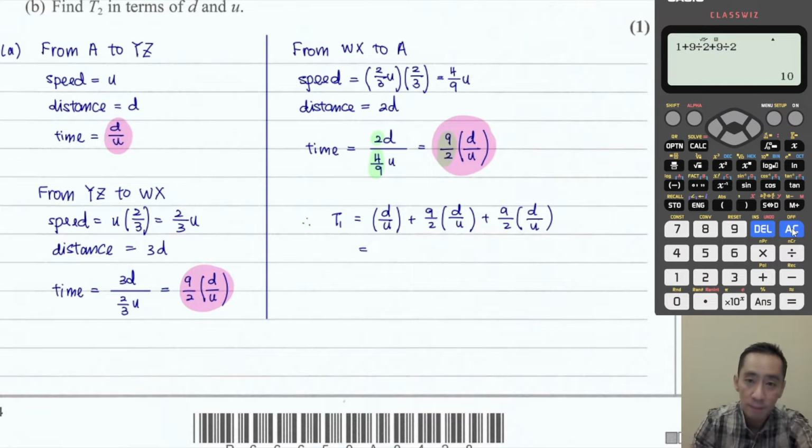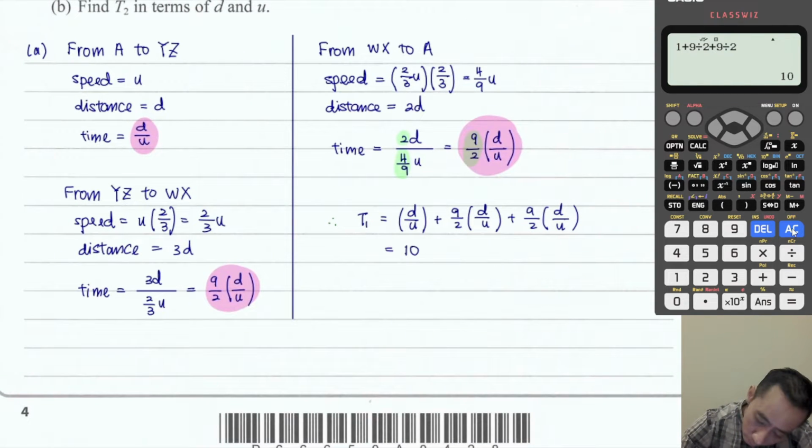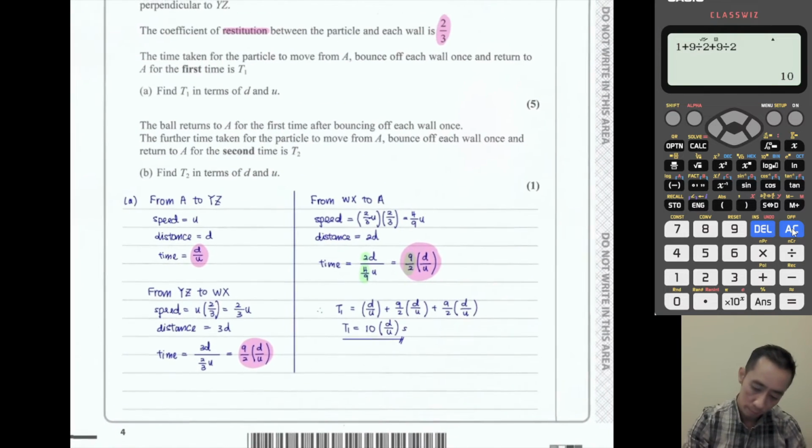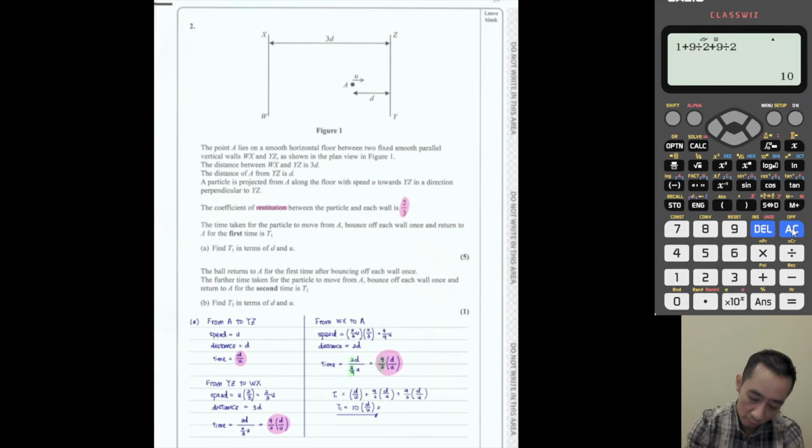So here we have 10. So the answer for the first one is 10 d/u, T1, seconds. So this is for part A.